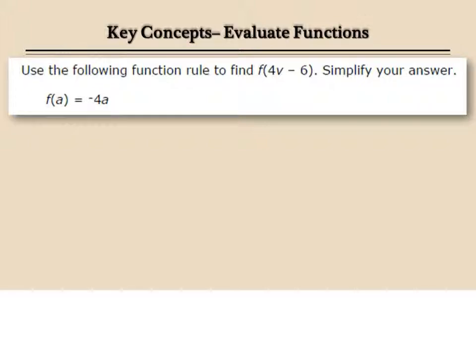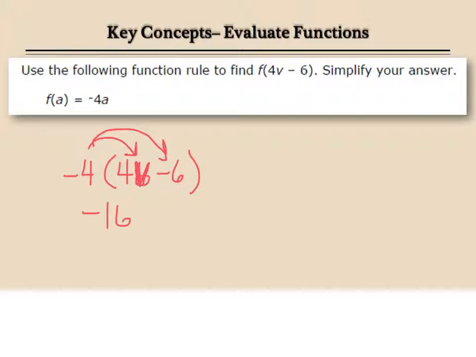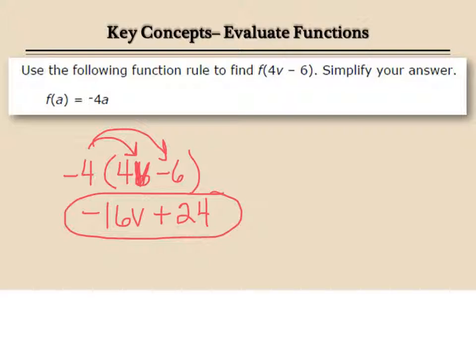So I have negative 4 times the quantity 4v minus 6. I'm going to use the distributive property. Negative 4 times 4 is negative 16v, and negative 4 times negative 6 is positive 24. And that's all I can do, so my final answer is negative 16v plus 24.